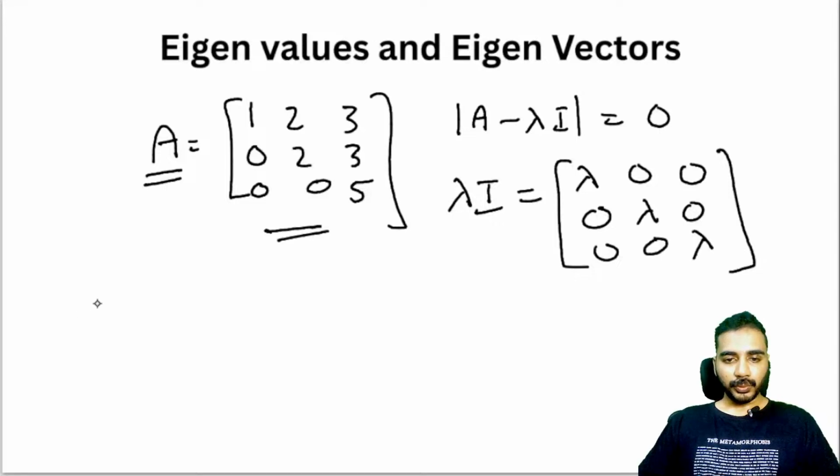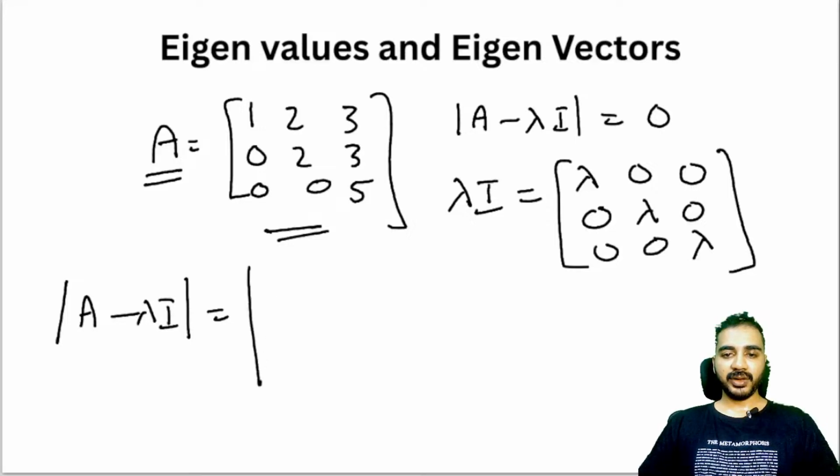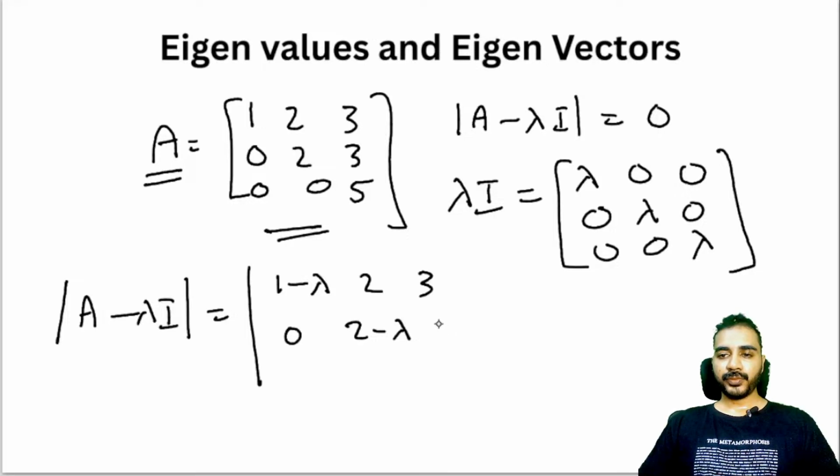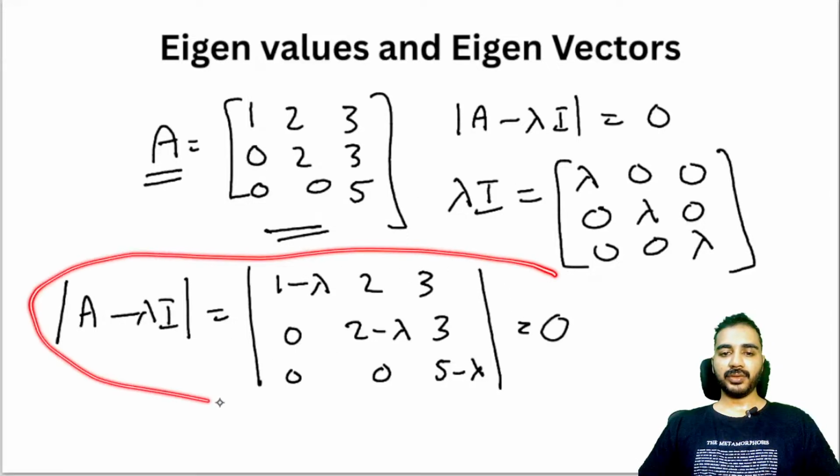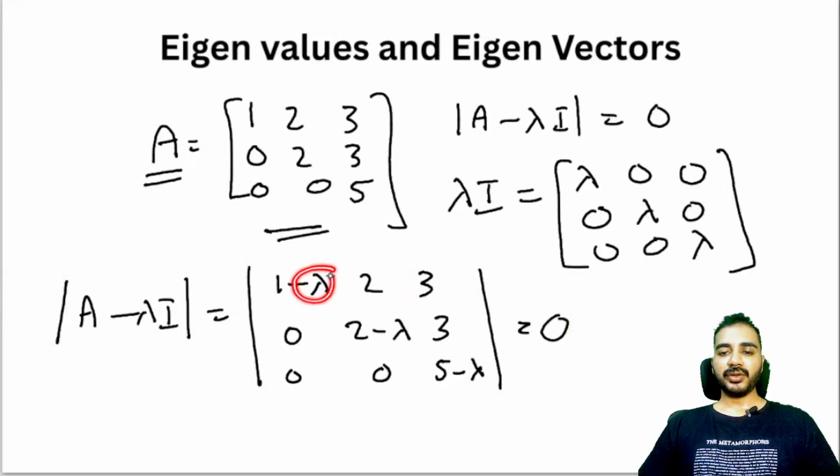So the determinant of A minus lambda I can be written as the determinant of 1 minus lambda, 2, 3, then 0, 2 minus lambda, 3, then 0, 0, 5 minus lambda, which is equal to 0. By solving this equation, we will get the values for lambda. That is called eigenvalues.